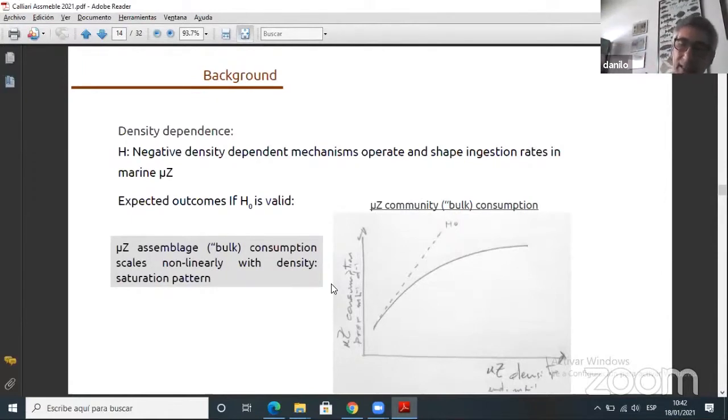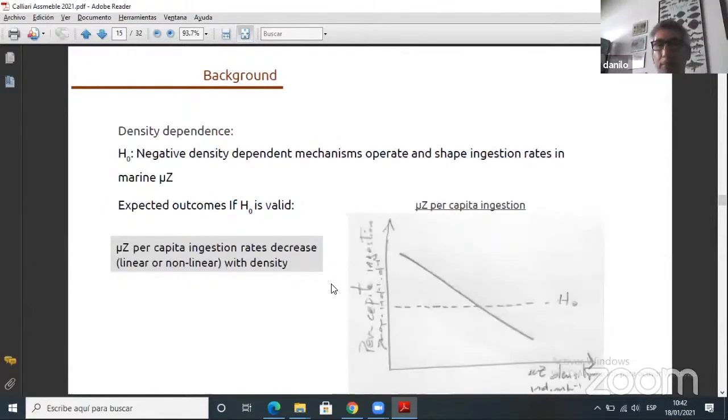And if we look at the per capita ingestion rate, then we should find a negative slope, that could be linear or with some other shape, but there should be a decrease in the per capita ingestion rate with increasing density.